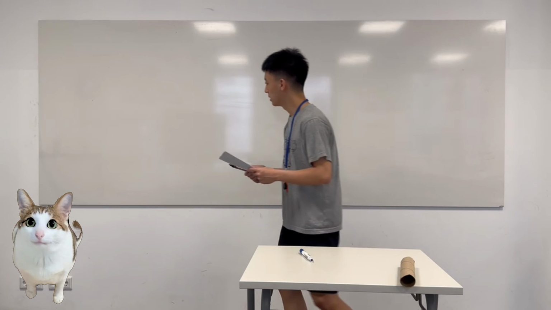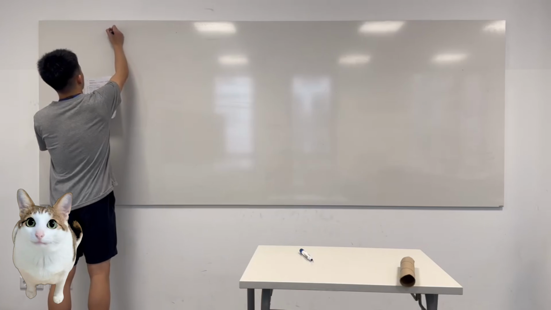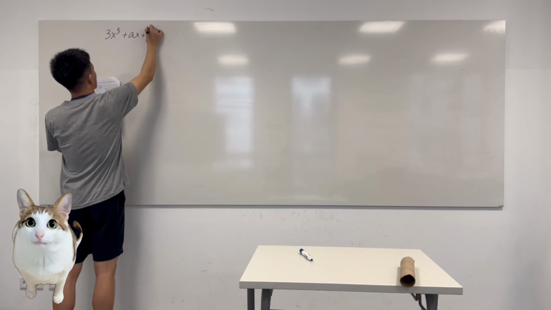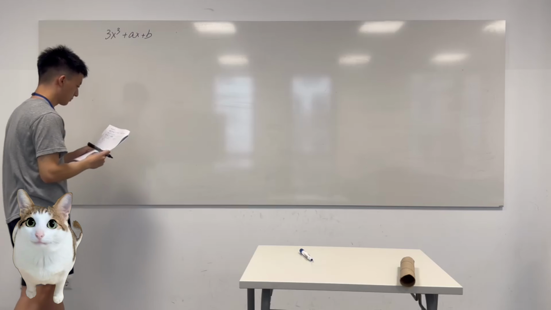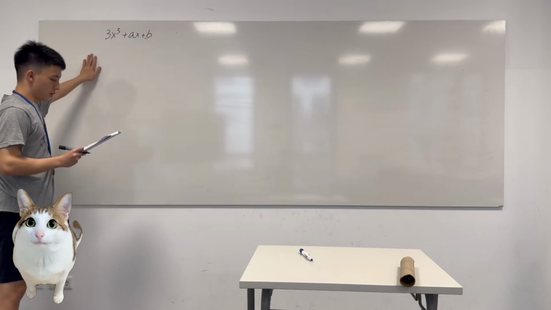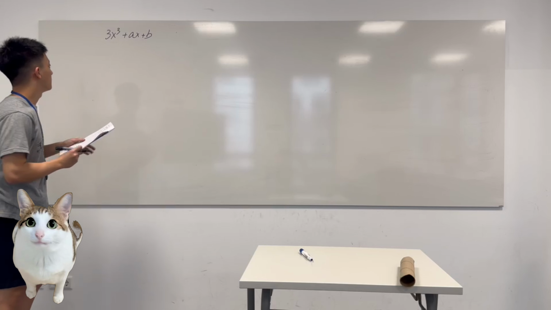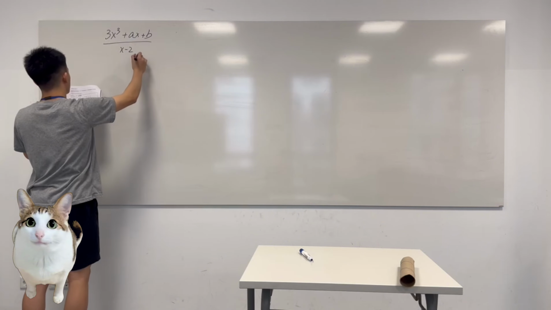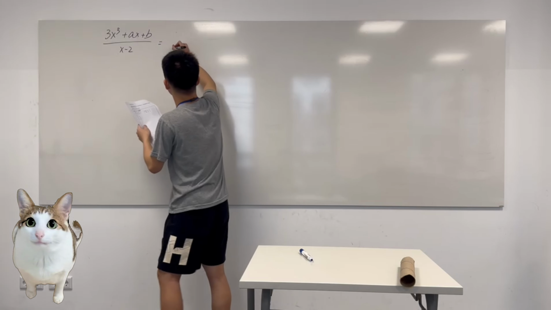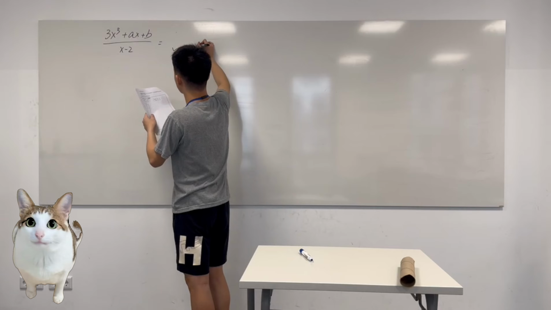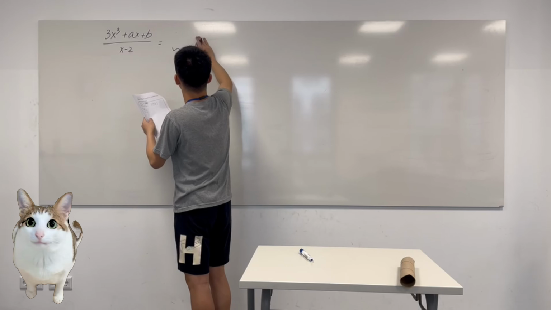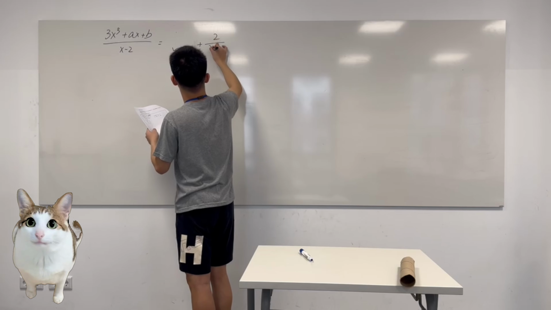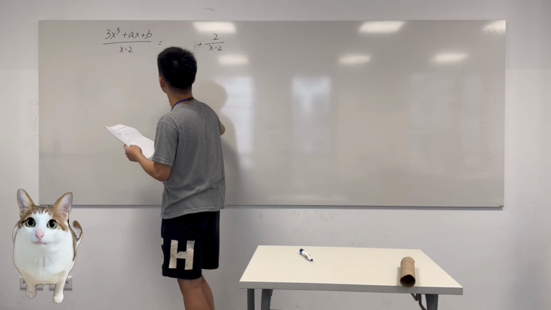We know that the remainder means if we use this to divide by x minus 2, then we will get something here, then we will get something plus 2 over x minus 2.